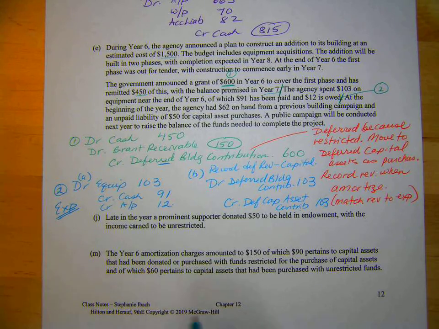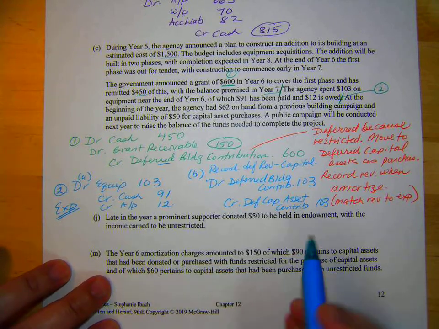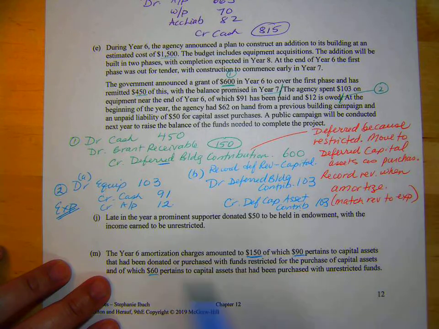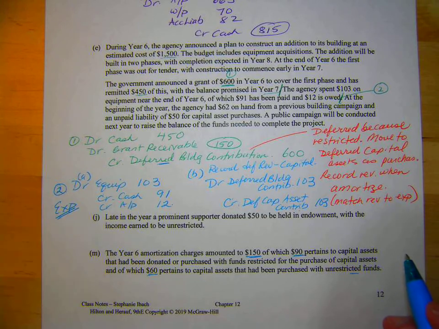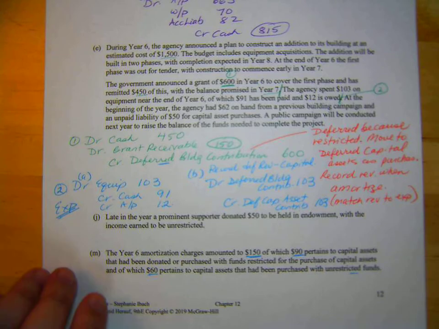So I'm actually going to skip down to M, and there's room on the next page because there's 2 entries here. So in year 6, amortization charges were $150, 90 was capital assets funds, 60 purchased with unrestricted funds. And as we said, it doesn't matter, the capital assets are treated the same, kind of as restricted.